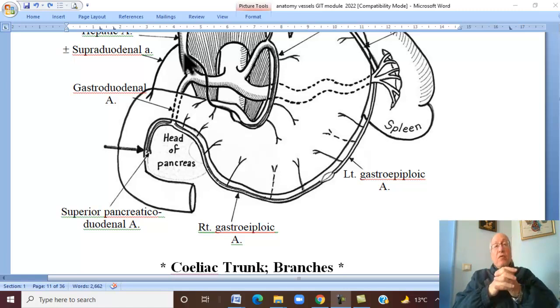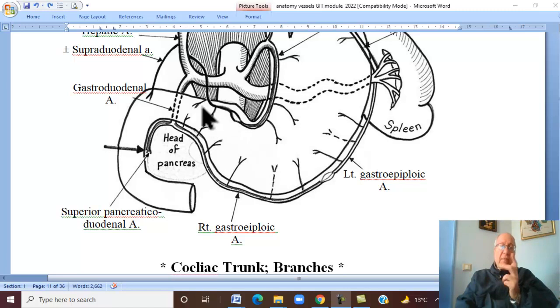What are the branches of hepatic artery? First of all, it gives a branch passing on the lesser curvature from right to left. Therefore, it's called right.